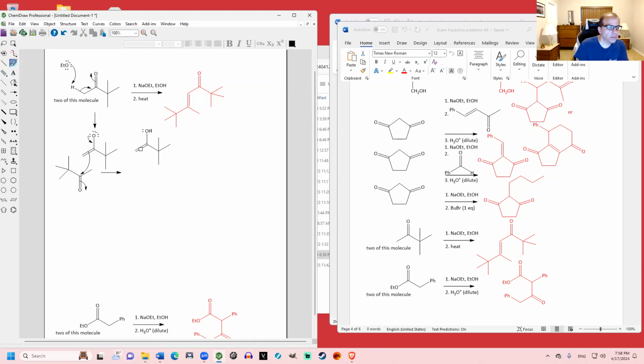That's the new bond we just formed. And so you get this alkoxide intermediate.